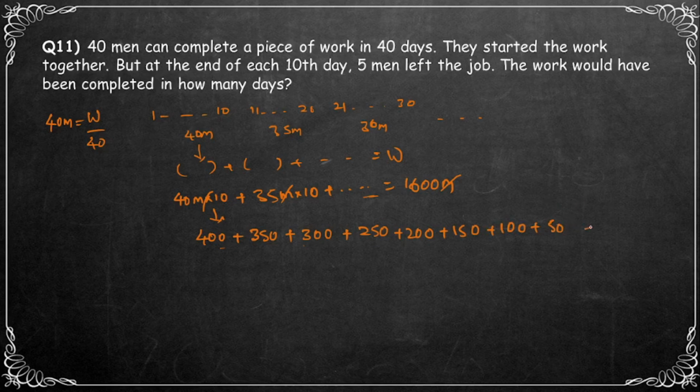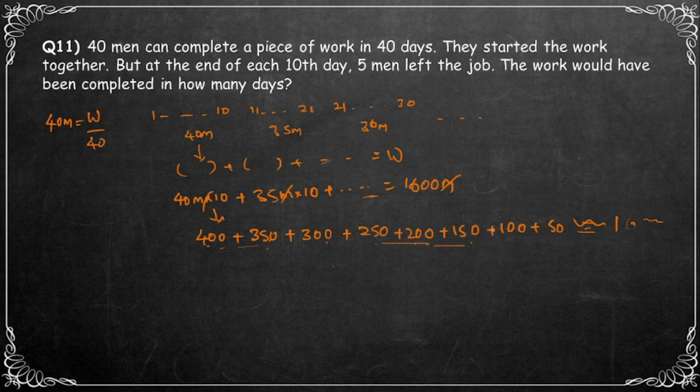So now we need to add sum of these terms to get 1600. So 400 plus 350, 750 plus 300, 1050, 1050 plus 250, 1300 plus 200, which is 1500. 1500 plus 150, which is 1650.